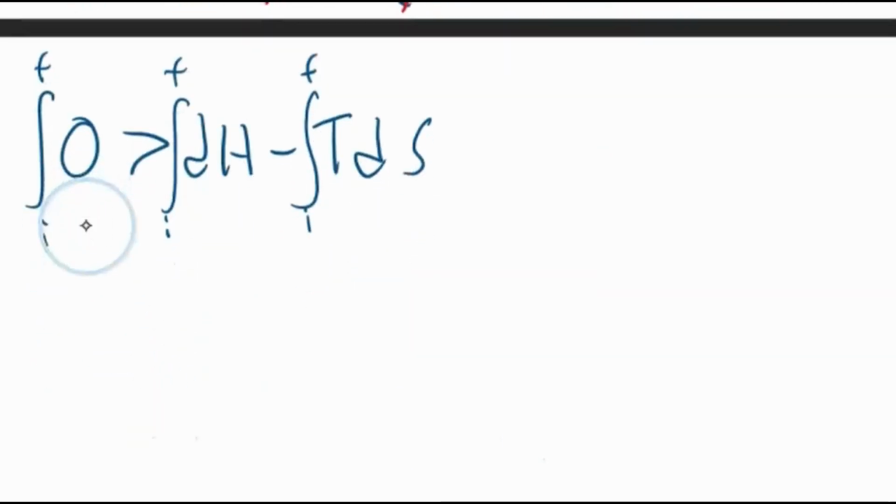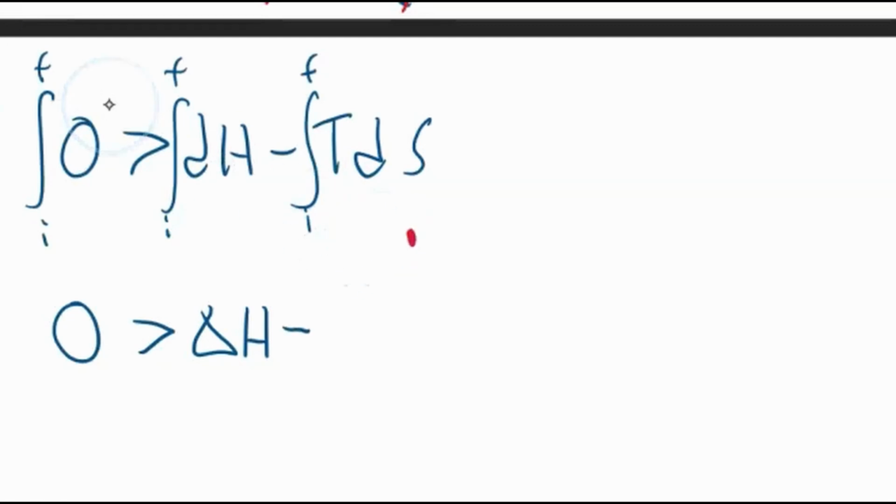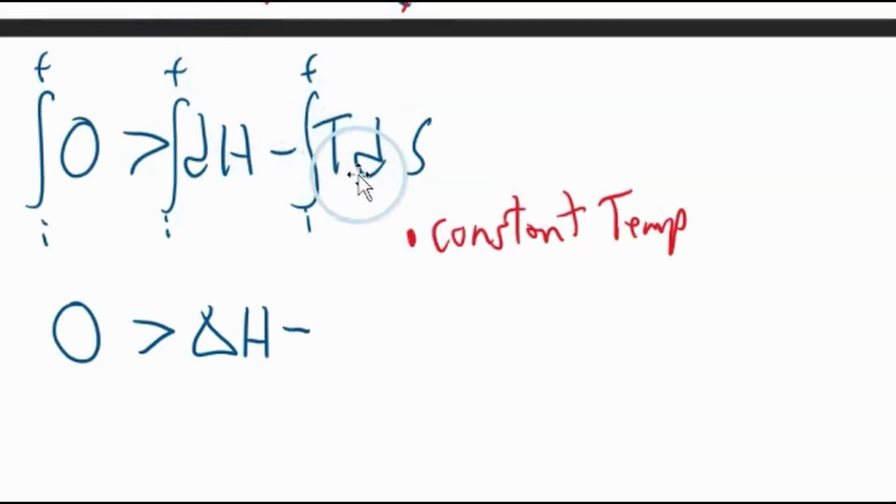The left-hand side is still 0, of course. On the right-hand side, this becomes delta H, so H final minus H initial. Now we're going to assume constant temperature. If we do that, then this T comes out of the integral, and we're left with the integral of dS, so that would just be T delta S.